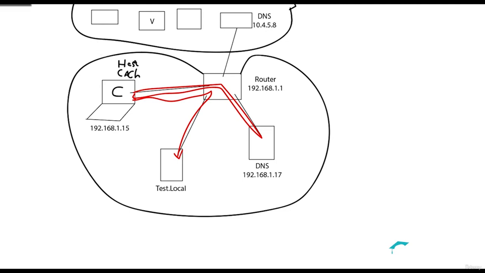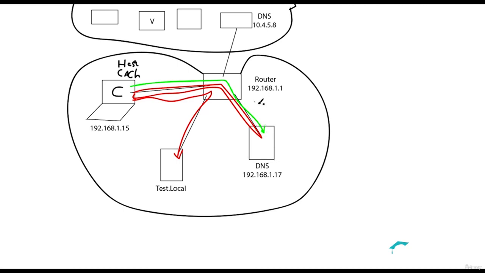So again, we will use green for this one. It will ask our DNS and say, do you know this resource? And our DNS will then do a lookup and say, no, I actually don't have any records of this site that you're looking for. So I will check with my configured DNS.